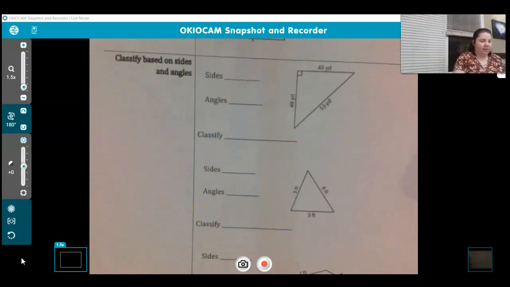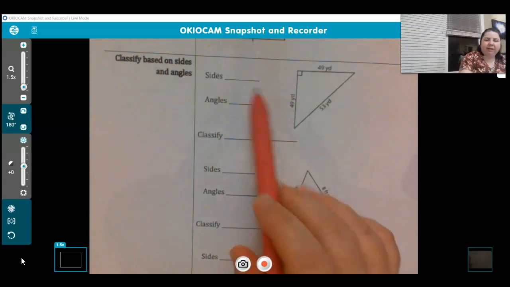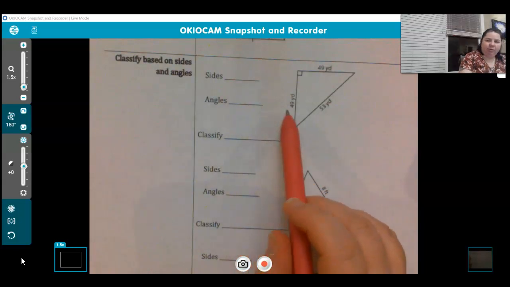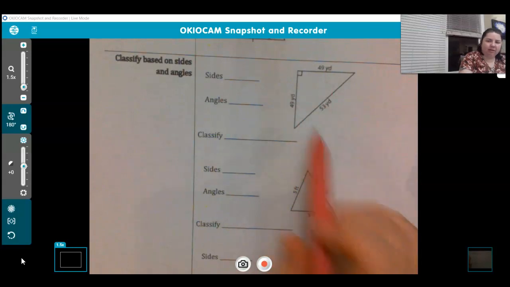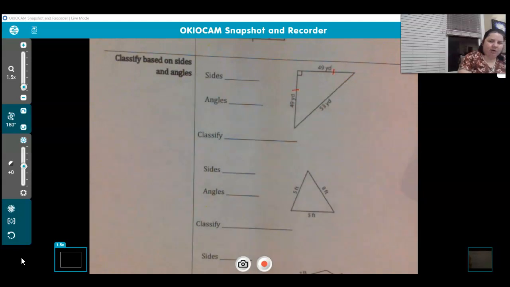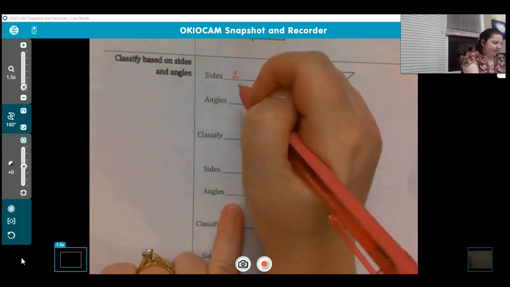So if I look at the back, I can classify each triangle by the sides and the angles. So I have 49 yards, and 53 yards. These two are the same, so I'm going to give myself a tick mark there. So I have 2 sides that are the same.